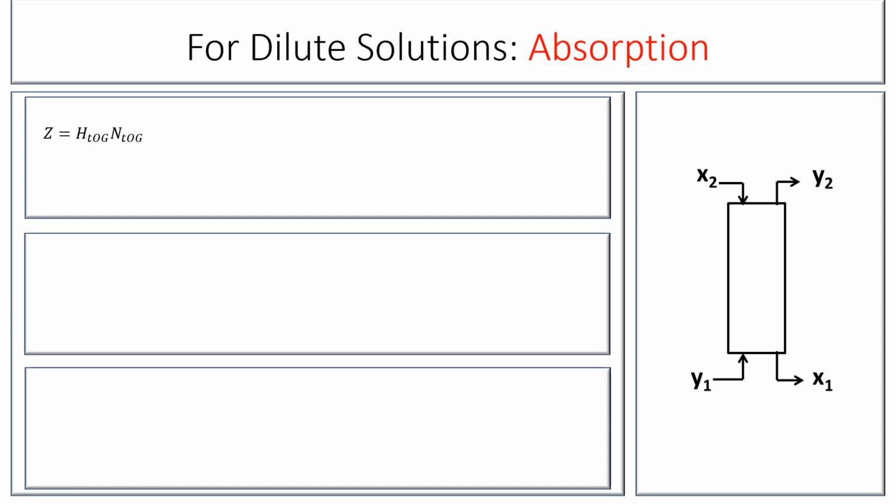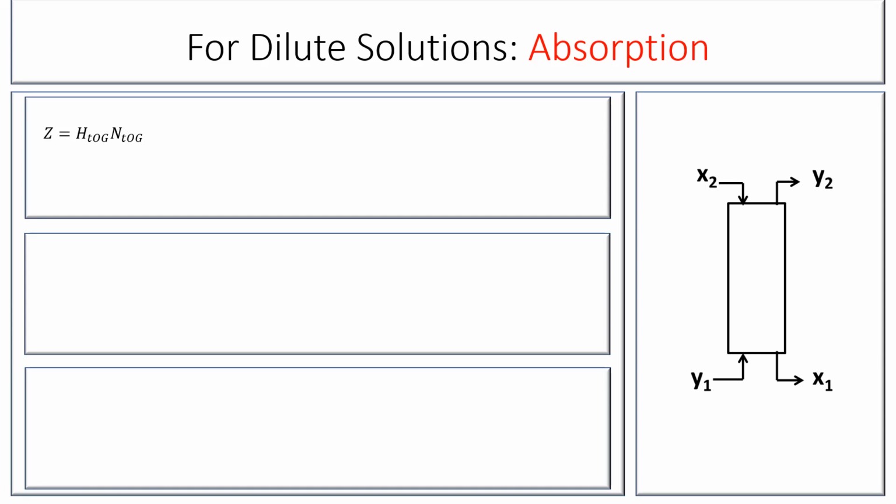This is why we chose the solvent. And therefore, we are somewhat confident that the controlling or the main resistance is going to be in the gas phase, not in the liquid phase. And this is why we will be using the overall gas phase mass transfer coefficient in an absorption process and the overall liquid phase mass transfer coefficient in a stripping process.